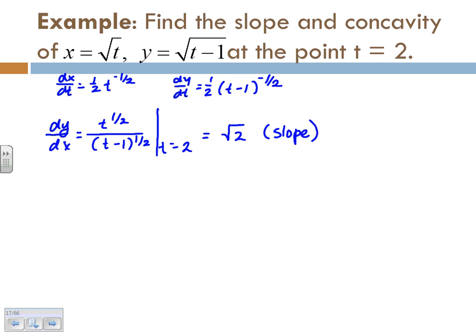I'll check and see, I got a slope of radical 2. If you got that, then keep going.